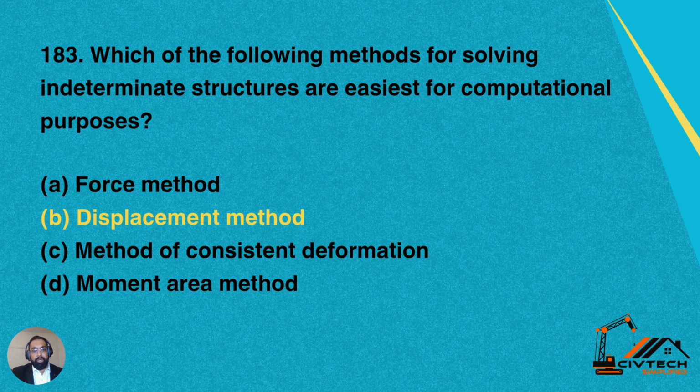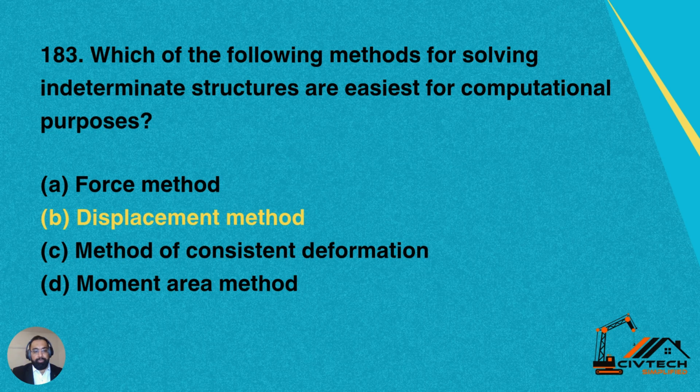Question 183. Which of the following methods for solving indeterminate structures is easiest for computational purposes? Option A, force method. Option B, displacement method. Option C, method of consistent deformation.